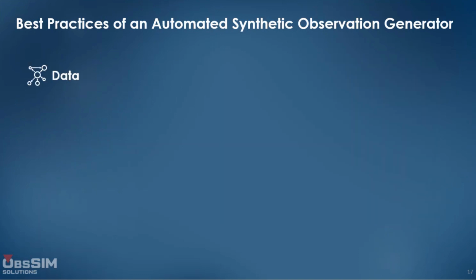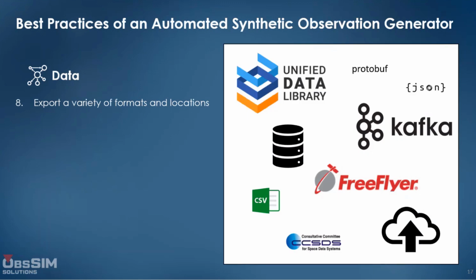And then the last three best practices revolve around data. So exercise designers need to be able to get that data out to the users. So a best practice of an automated observation generator is to have great flexibility in publishing that data.